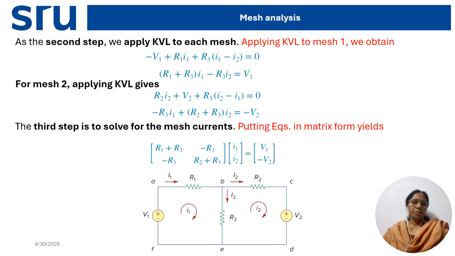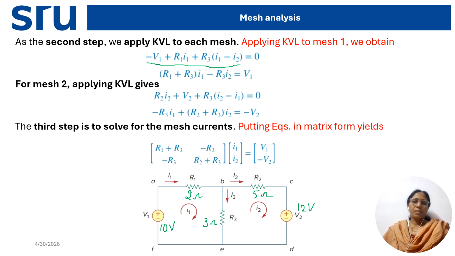Here this is a 10 volt source, 2 ohm resistance. I am taking simple numbers: 3 ohm resistance, 5 ohm resistance and a 12 volt source. This part we already wrote in the previous slide, and if I take minus as common, you will get this equation. I will explain this in simple form.